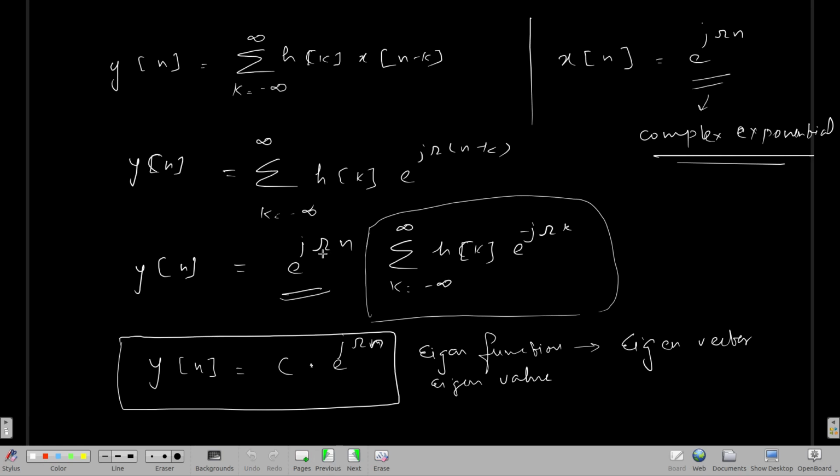So we had, right, y of n is equal to, what did we have? e to the power of j omega n into this something, right? h of k, summation h of k into something.